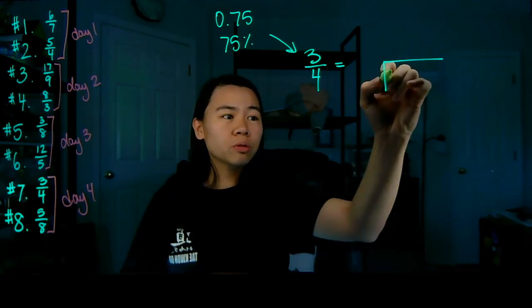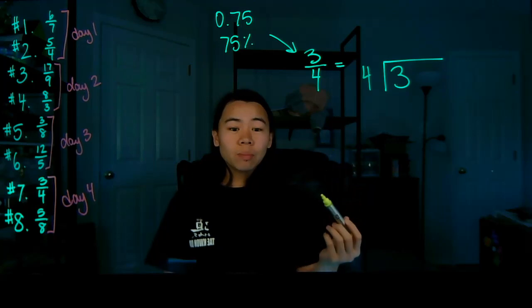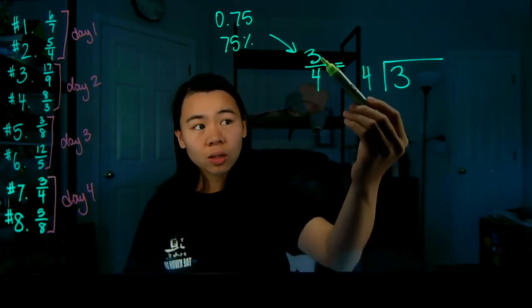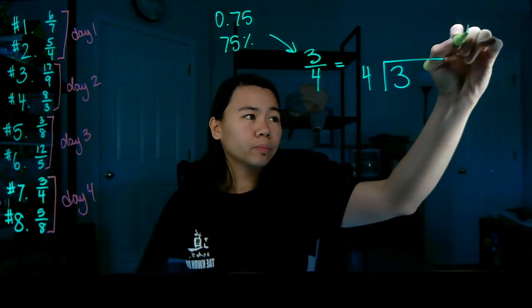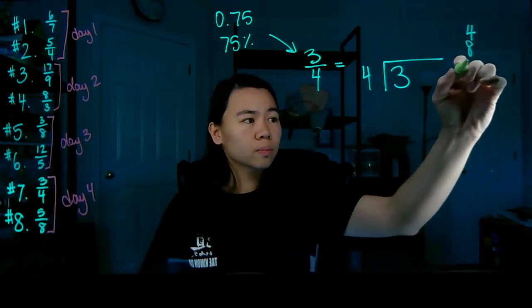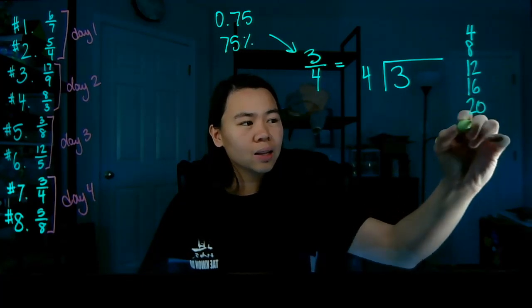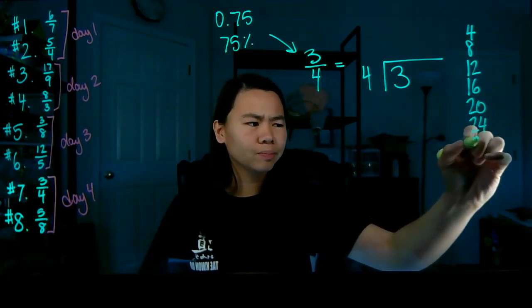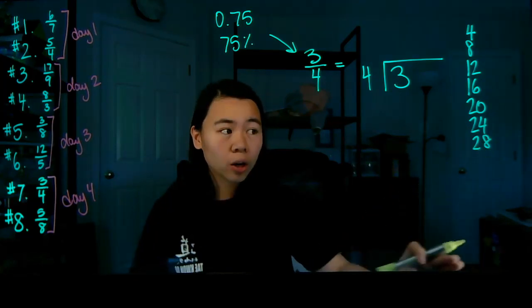All right, 3/4. The 3 goes on the inside, the 4 stays on the outside. This is 3 divided by 4. Remember, a fraction is division. So we're going to write our multiples of 4 on the side. I like to start with somewhere between 6 and 10, and if we need to continue on, we always can.